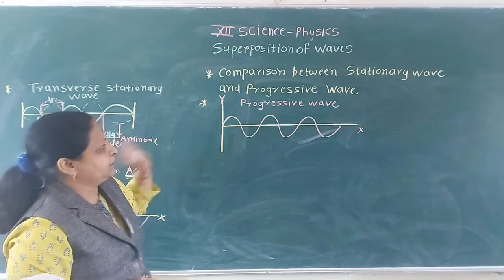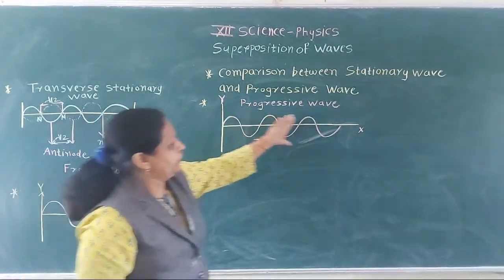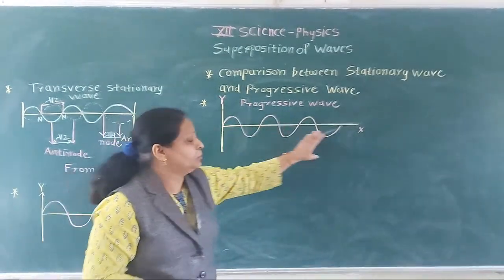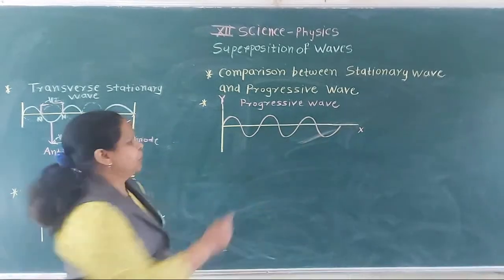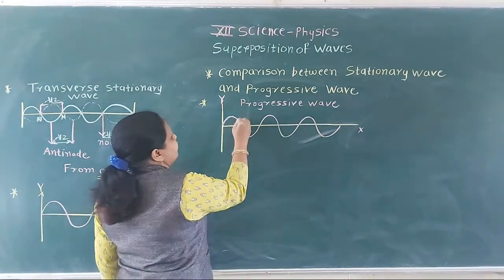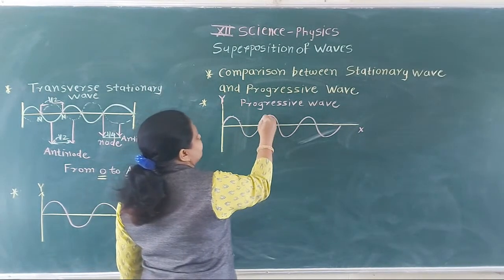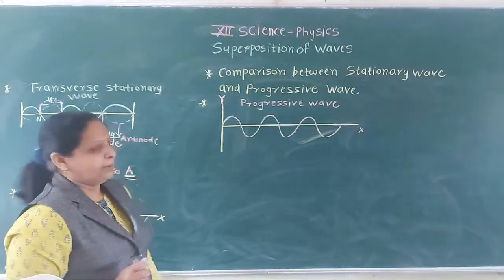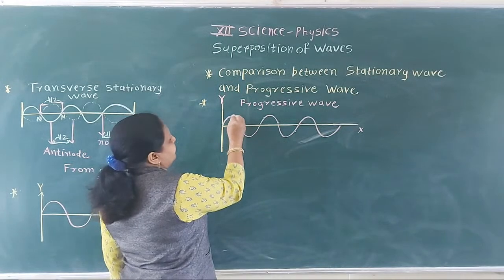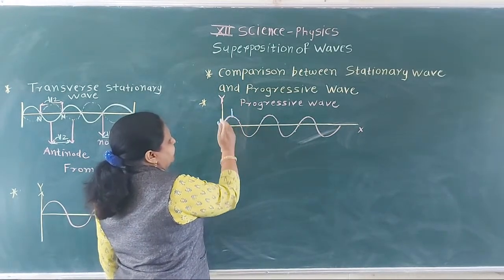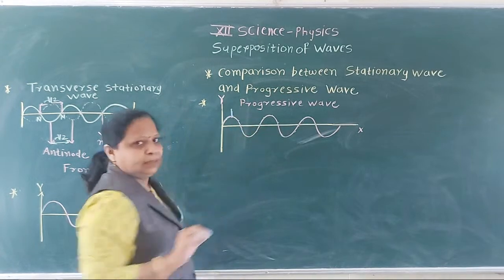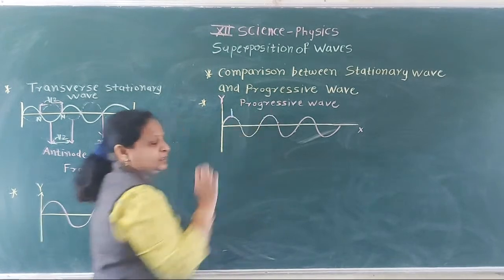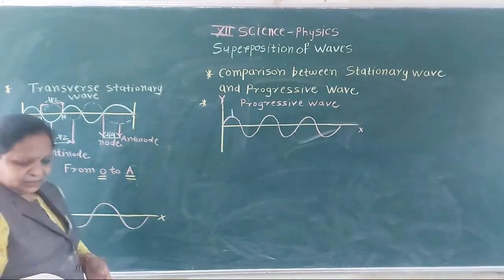Now the second comparison: in a progressive wave, the particles do not cross the mean position simultaneously. If you consider this position, then all particles come one by one. But in a stationary wave, when the displacement becomes minimum, all the particles cross the mean position simultaneously.